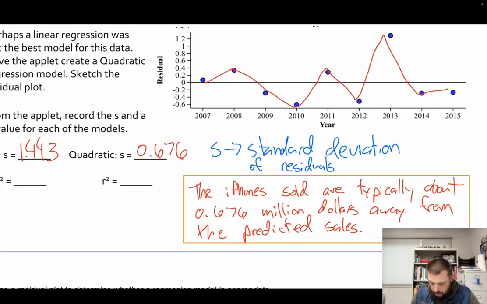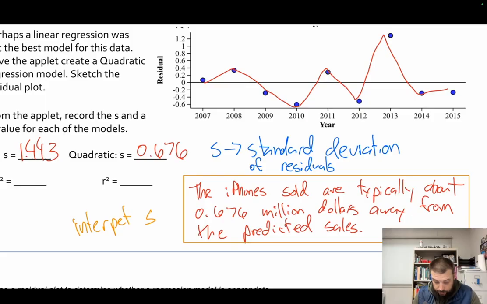And this right here would be, when asked for your interpretation of S, or your standard deviation of the residuals, essentially your sentence frame there. So context, all right, what is the S value, right?